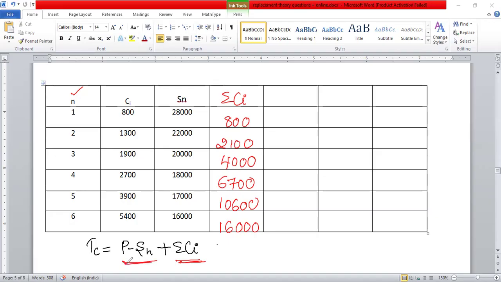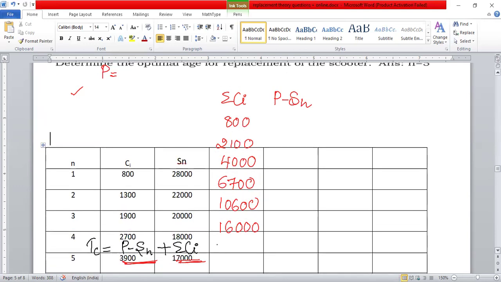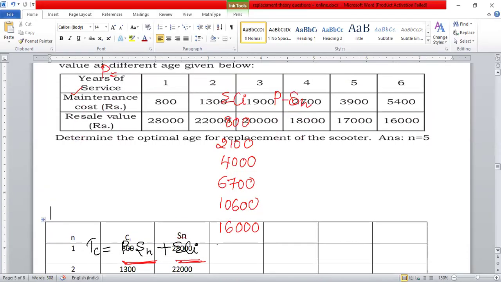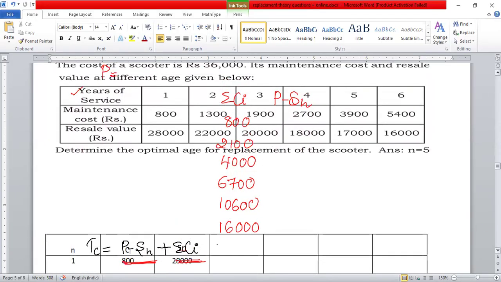Now look at the formula P minus S of n. Here P is given. How much is P in the question? Yeah, 36,000.